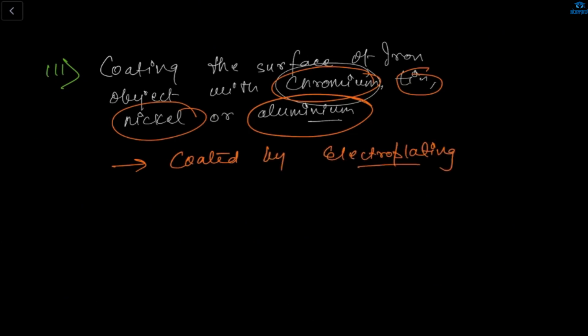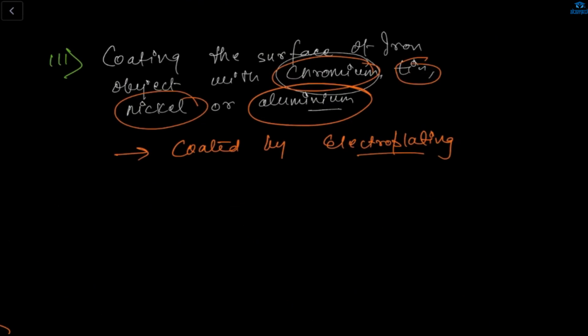This is the third way we can prevent rusting. We can coat the surface of the iron with chromium, tin, nickel, and aluminium. With this, the rusting will be prevented.